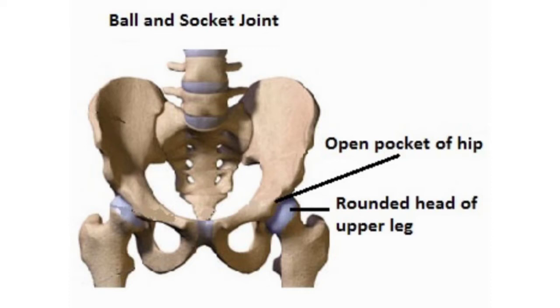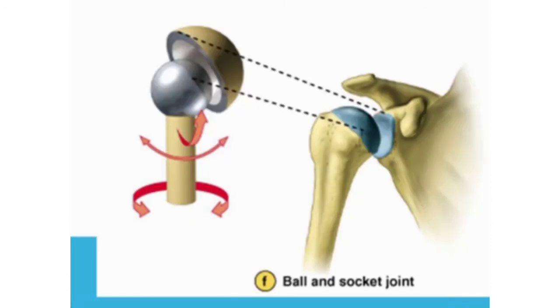The hip joint is covered by the surrounding structures. We are able to swing our arms and legs in various directions. Ball and socket joints have two components: a ball-shaped end and a cup-shaped end.